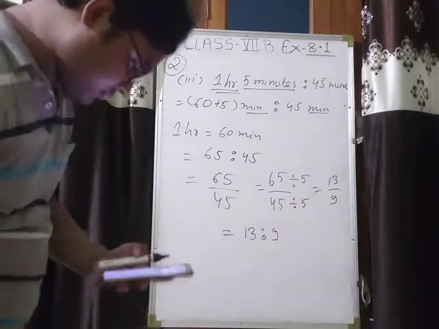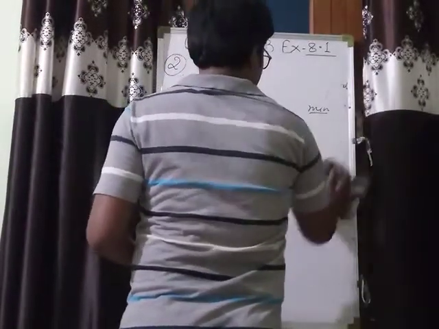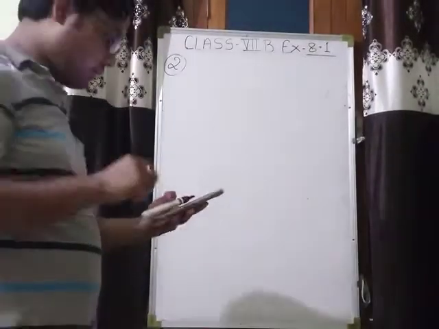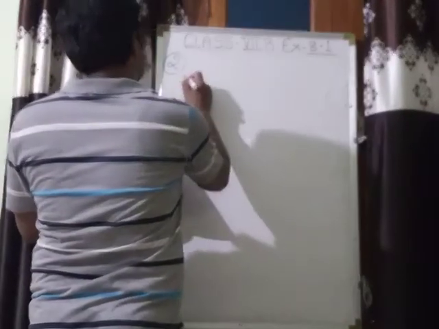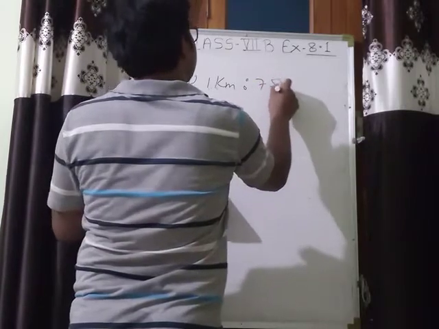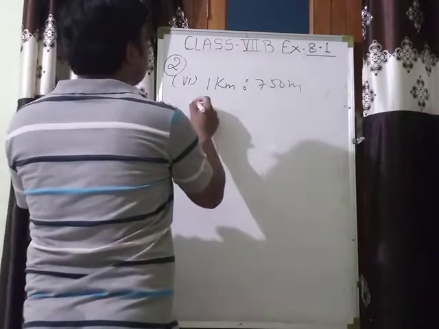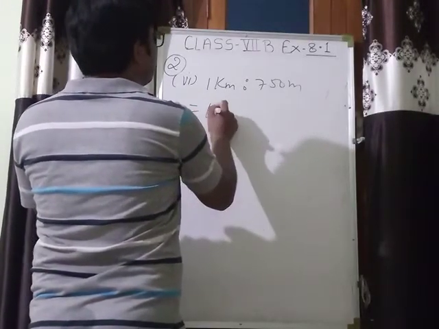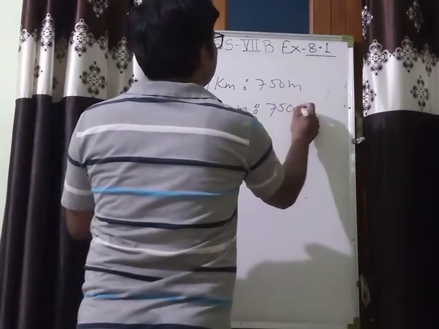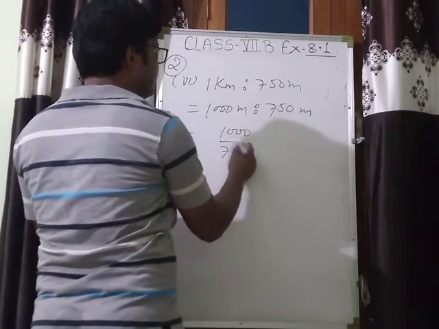Now the sixth part of the same second one. A few parts I am leaving for you as homework. That is the sixth part, 1 kilometer is to 750 meter. We know that 1 kilometer is equal to 1000 meter. So it will be 1000 meter is to 750 meter. This can be written as 1000 upon 750.